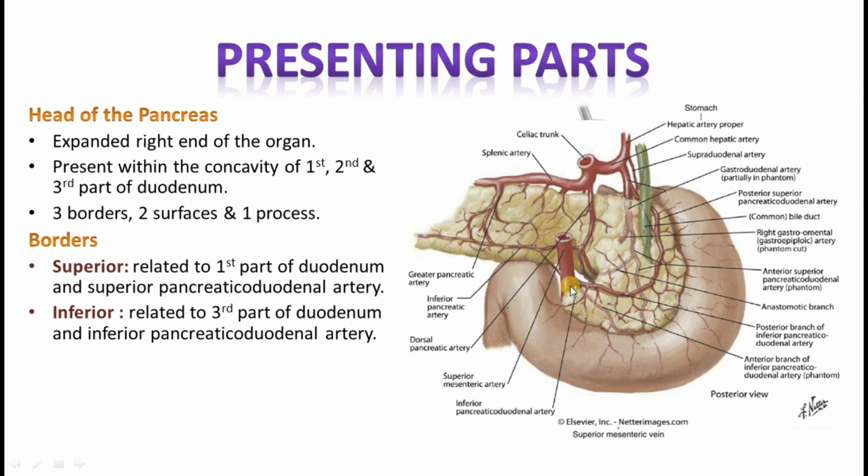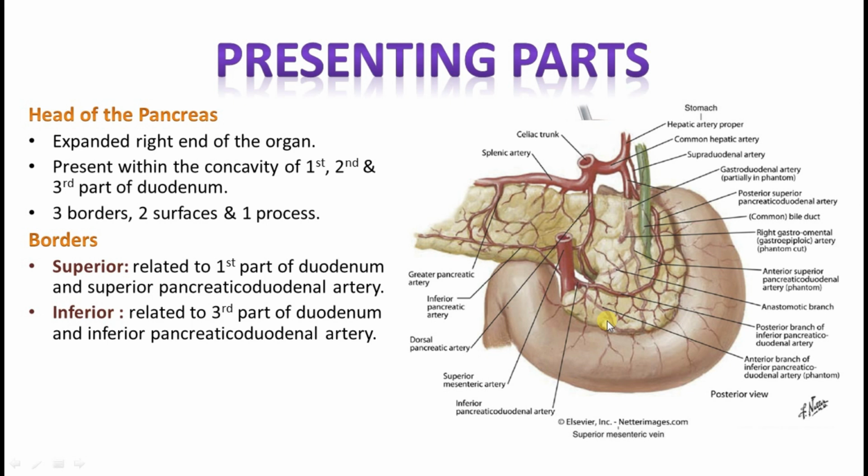The inferior pancreatico-duodenal artery also gives posterior and anterior branches. These anteroposterior branches anastomose in the groove between the head of the pancreas and the concavity of the duodenum. You will be able to see the anastomosis. This anastomosis is very important, mainly for the blood supply to the duodenum as well as the pancreas.